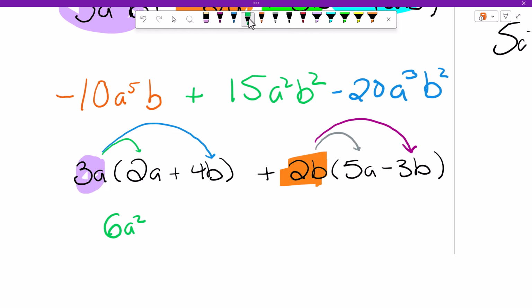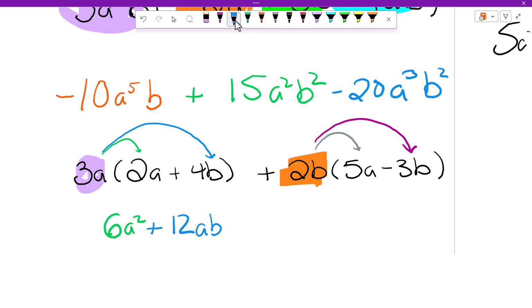The 3a times the 4b. What do we get? 12. 3 times 4 is 12. What about the letters? AB. And is it positive 12 or negative 12? Positive. So we need a plus sign there.